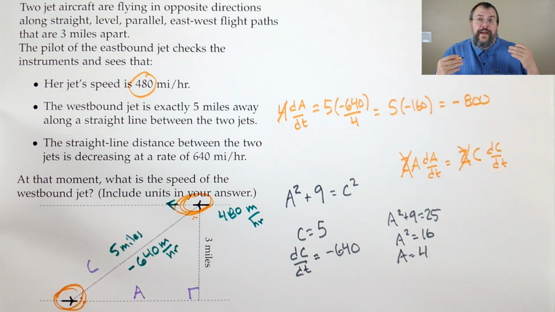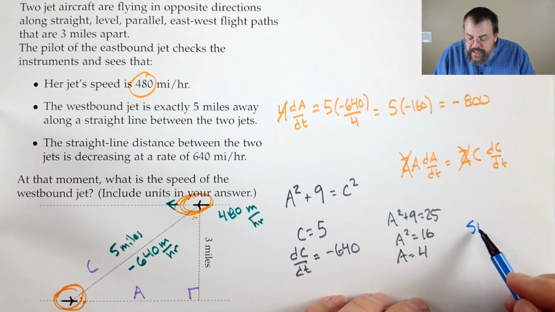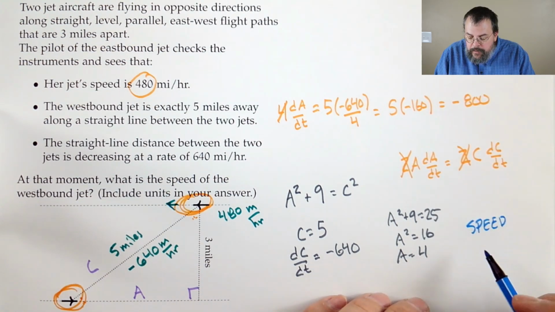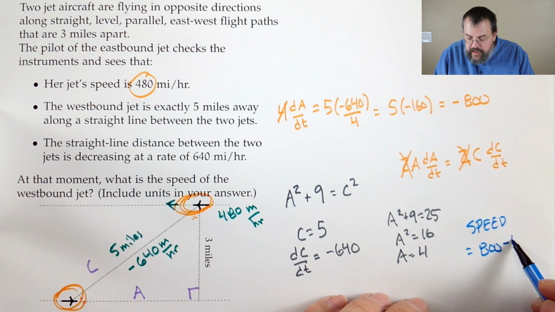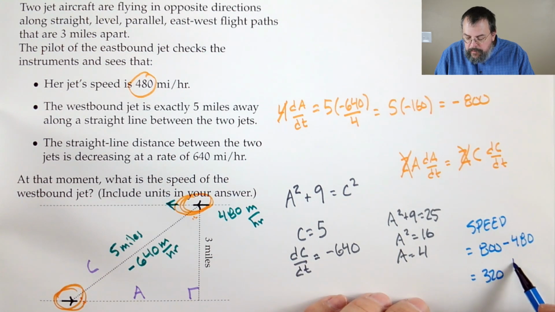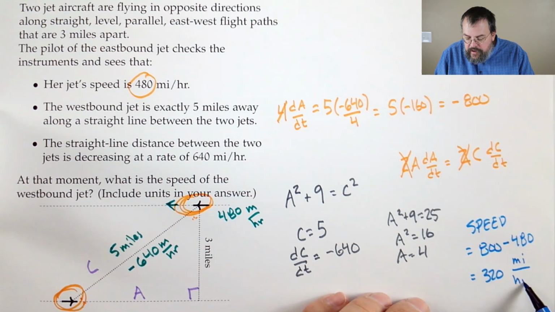So we take 800, subtract 480, and we come to the conclusion that the speed of the westbound jet is, dramatic pause as I grab a new color, 800 subtract 480, which is 320, and we'll throw in our units, miles per hour.